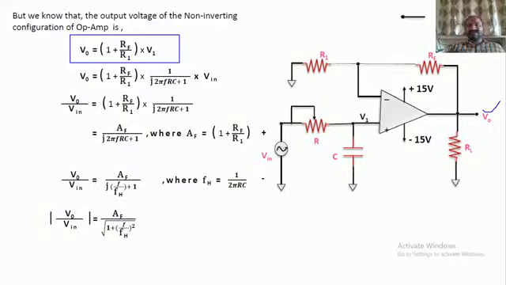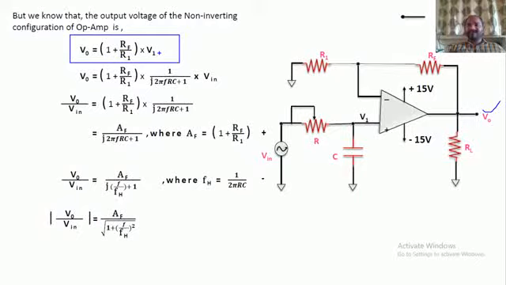Here the Vin is the input voltage applied at the non-inverting terminal, and that voltage is V1. So V0 equals 1 plus RF by R1 into V1.